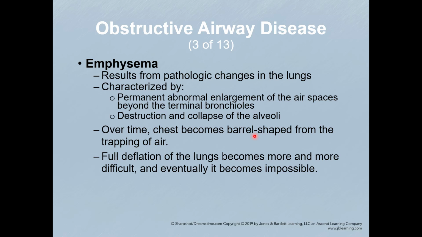The reduction in arterial PO2 levels leads to increased production of red blood cells, and that's caused by an elevated hematocrit level. The elevation in hematocrit levels is much more common in patients with chronic bronchitis than in patients with primary emphysema, because the patient with chronic bronchitis is more often chronically hypoxemic.